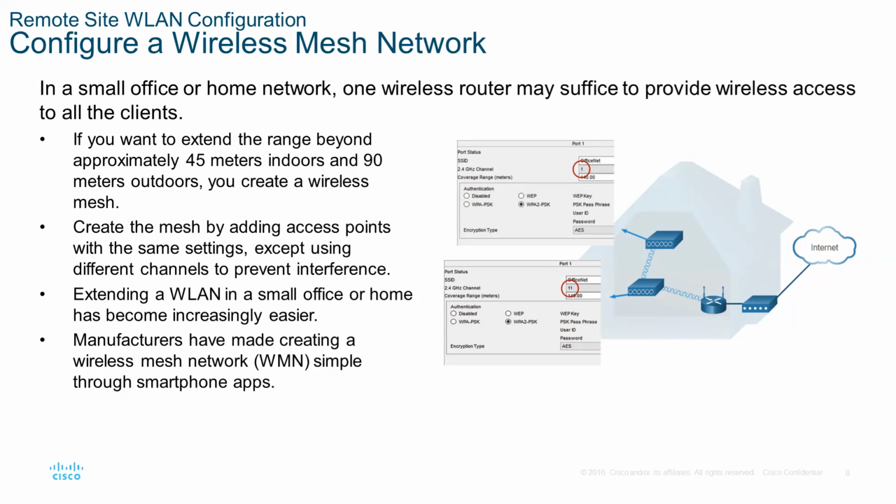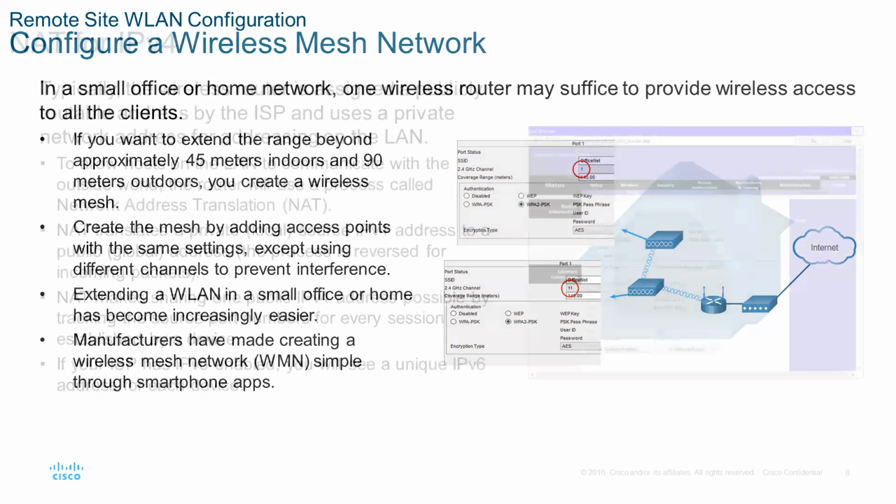So by adding additional access points, you get the coverage that you need, and all you need to do is ensure that you change the channel, and this will allow you to alternate the frequency that each access point is using so that they don't interfere with each other, creating a fully meshed network that is not self-interfering.